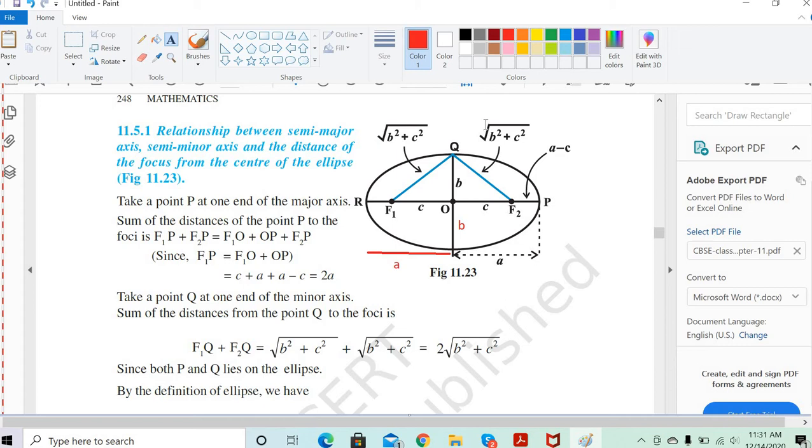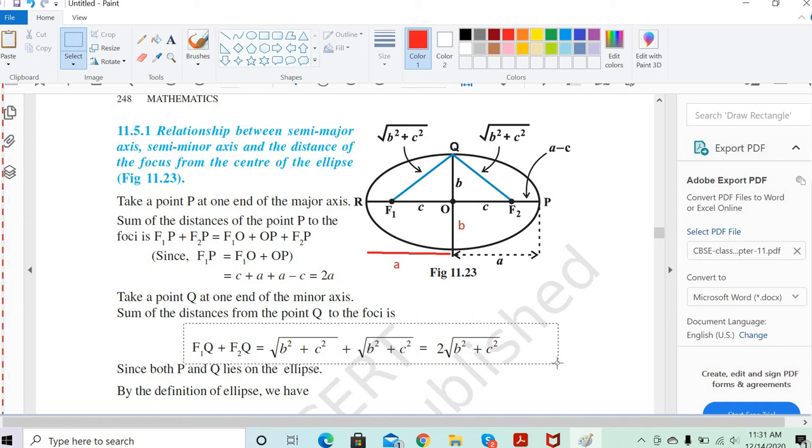Now the distance of Q which we calculated from F1 and F2 is nothing but the square root of B square plus C square, right? So what will be the sum of the distances of Q from the two foci?